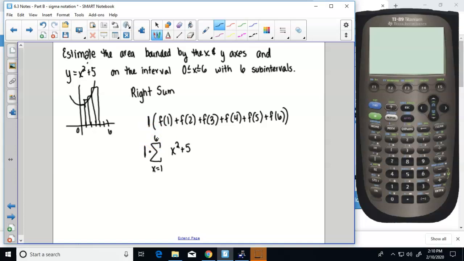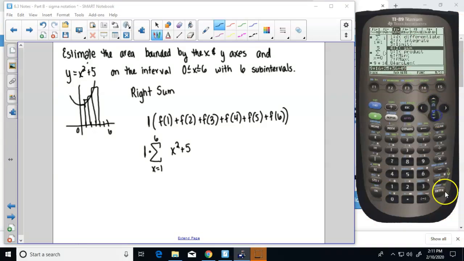So instead of having to put this into y equals and do it that way, we could use summation notation.